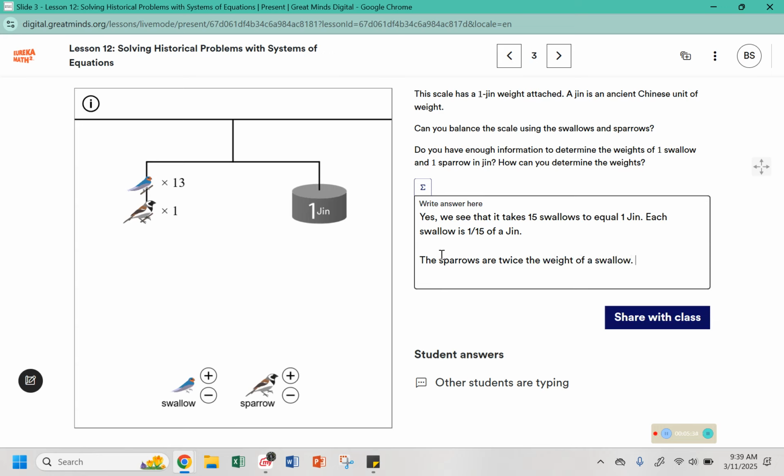So 2 times 1/15 is 2/15. Now we don't have a conversion between jin and grams or ounces or pounds, but we can determine how much of a jin each of these birds weigh.